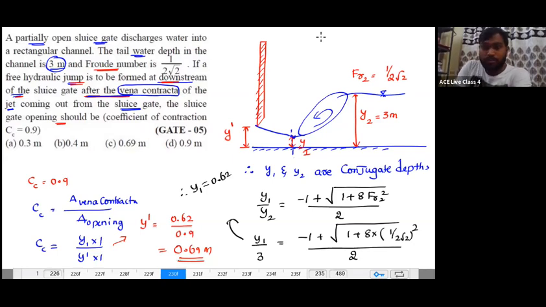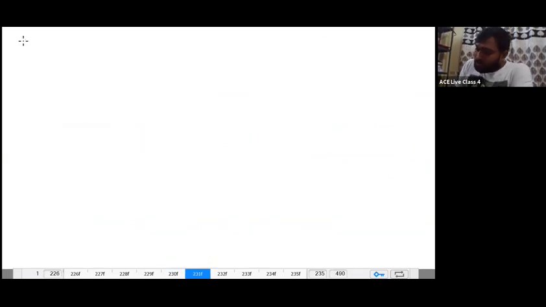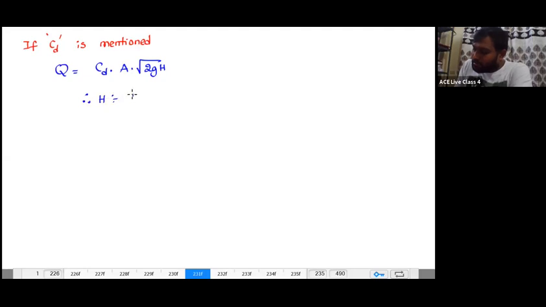Now, I hope you understood here. In the same question, if Cd is mentioned, then discharge Q is equals to Cd into area into root of 2gH, where H is head of water from center level.